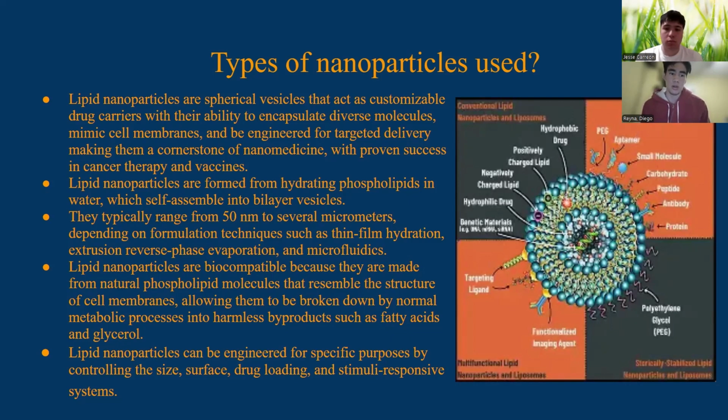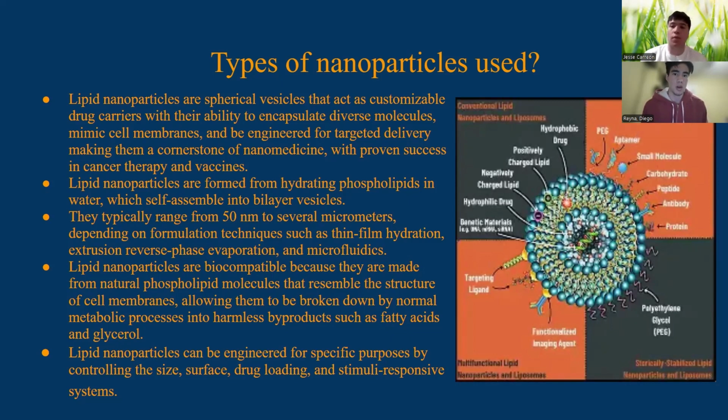So, changing their size, you ideally want small nanoparticles because they're going to enter cells more easily. In regards to modifying their surface, you can add tags like antibodies to target cancer cells. Adjusting drug loading, you're basically just controlling how much medicine these can carry.